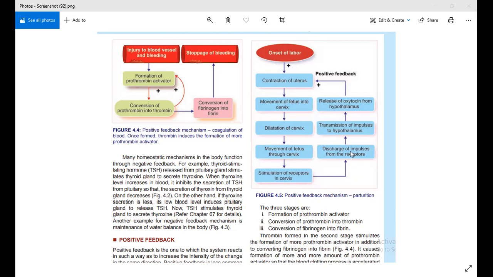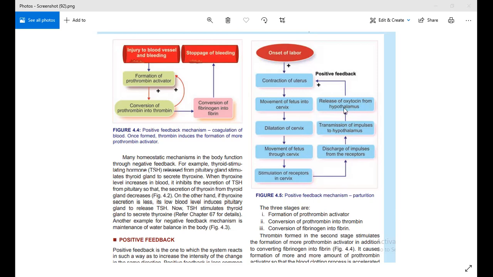Now there'll be a discharge of impulses from these receptors, transmitted to the hypothalamus of the brain, and that will lead to the release of oxytocin from the hypothalamus.